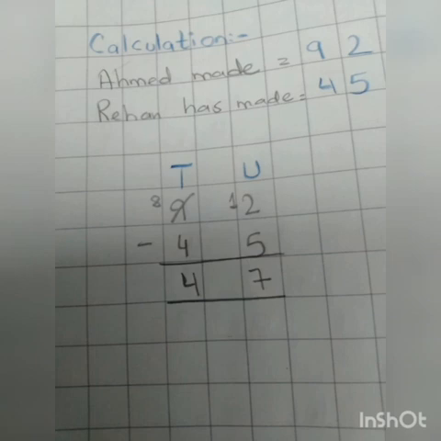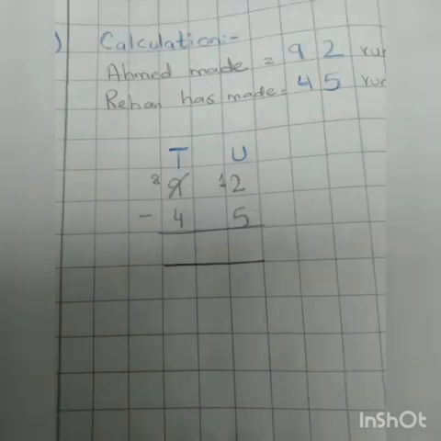So start subtracting from the units. 12 minus 5 is 7. And 8 minus 4 is 4.